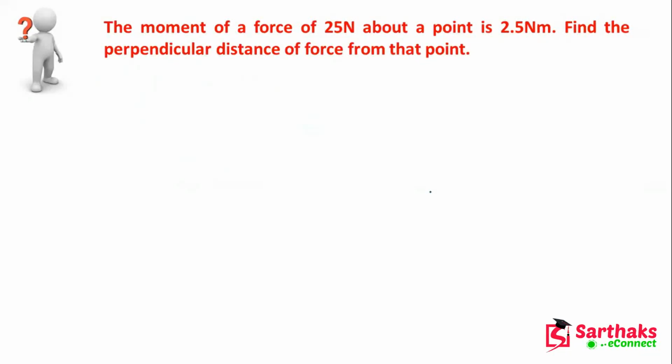Next question, the moment of a force of 25 Newton about a point is 2.5 Newton meter. Find the perpendicular distance of force from the point. Let's solve this one. So force applied is 25 Newton.